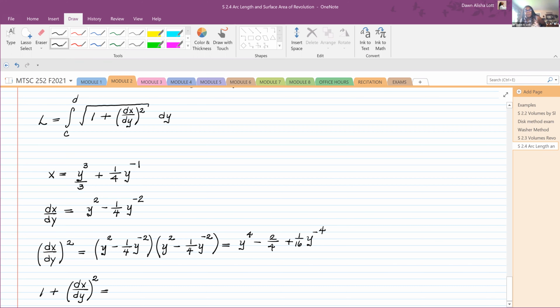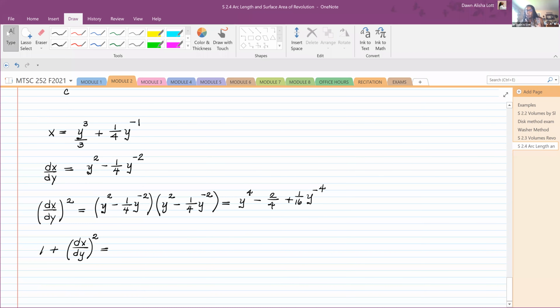Okay, all right. Can we make that look nicer? Can we multiply everything by 16? So we get 16y to the fourth minus 8 plus y to the -4, all over 16.